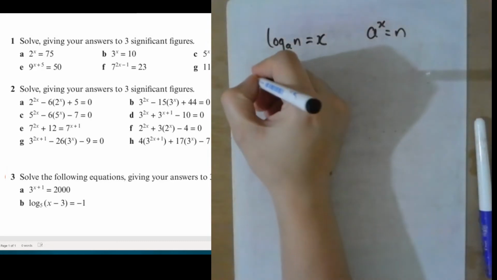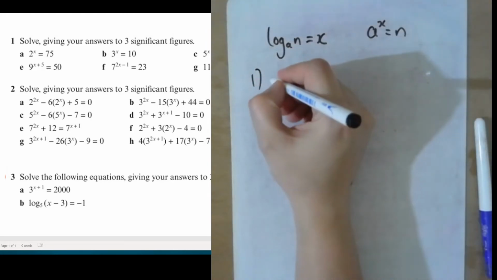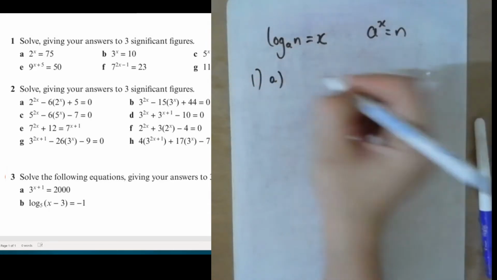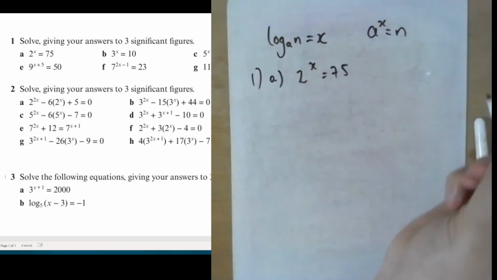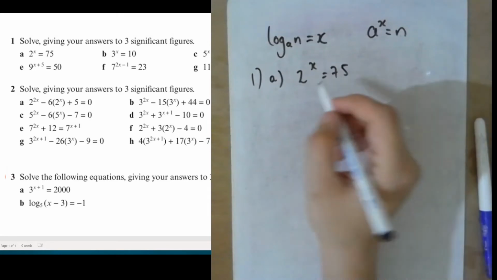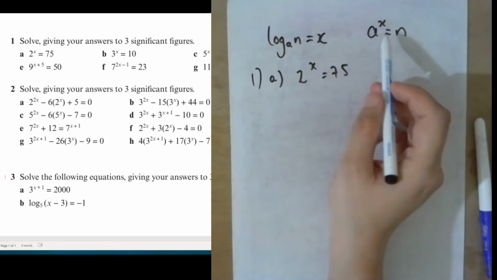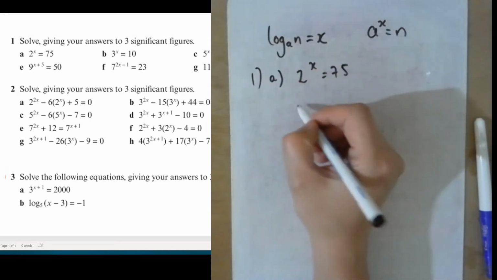So if I was to do, say, 1a, which is 2 to the power of x equals 75, all I need to do is rearrange from this format into this one.